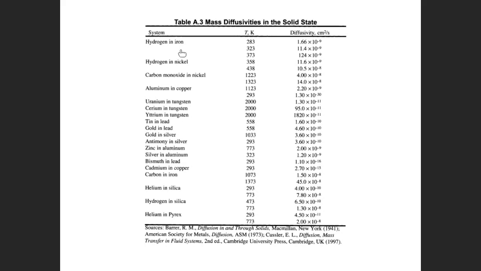Hydrogen and iron at different temperatures is given directly as the diffusivity in centimeters squared per second. You can have, for example, aluminum and copper at a very high temperature is 2.2 times 10 to the power minus 9 centimeters squared per second. So it is another system that you can always go back and see from the tables.